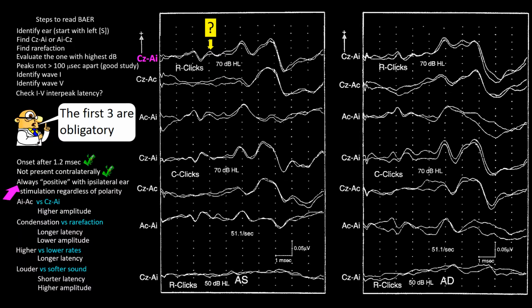Next criterion is the always positive criterion, meaning that it is always positive regardless of the stimulus polarity. During rarefaction, it is positive. During condensation, it is questionable, but it is not contradictory as it was when we were analyzing the prior wave.